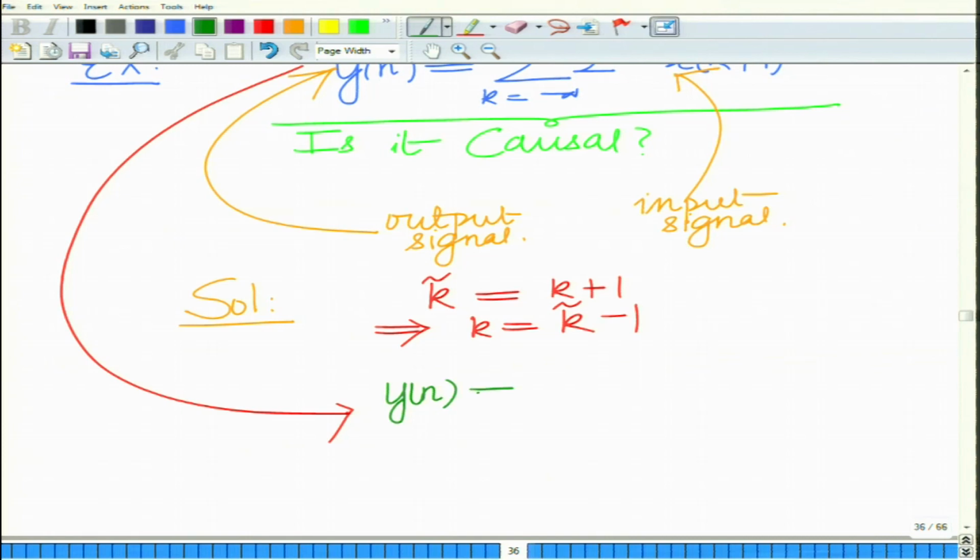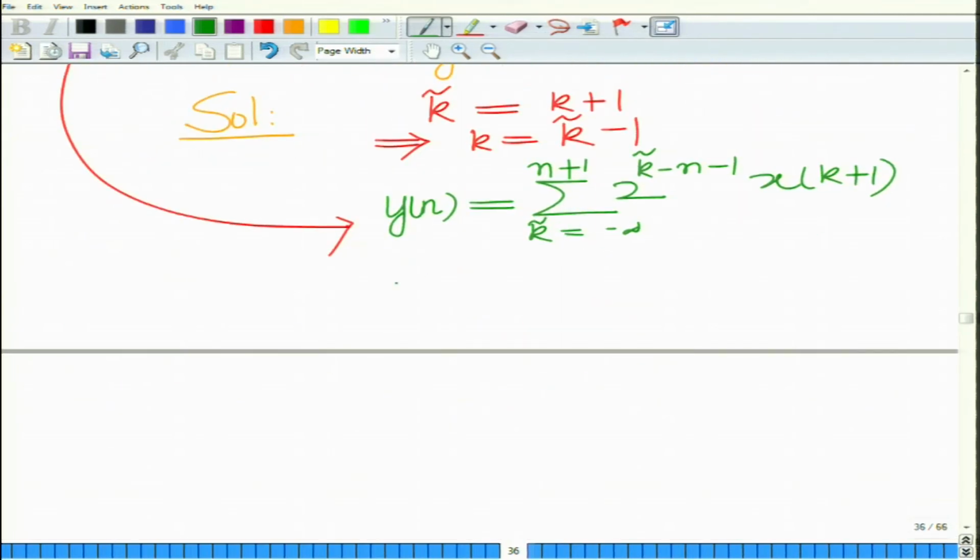as y[n] equals summation k tilde equals minus infinity, that is the lower limit remains minus infinity, and the upper limit becomes, since k goes from minus infinity to n, k tilde equals k plus 1, so this becomes n plus 1. 2 raised to k minus n becomes 2 raised to k tilde minus n minus 1, times x[k tilde].